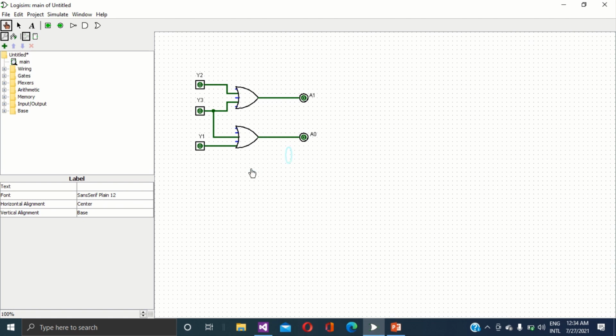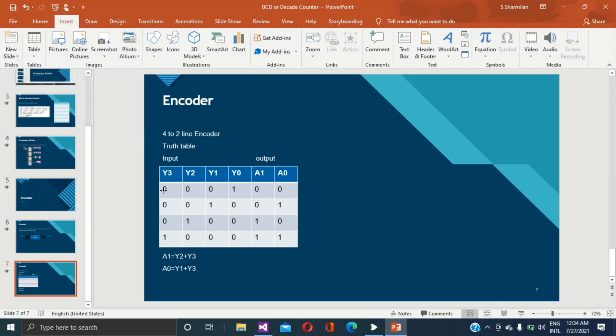Now I am going to change my input variables. Now first state y3 equals 0, y2 equals 0, y1 equals 0. Here I don't consider y0. So we consider only y3, y2, y1.